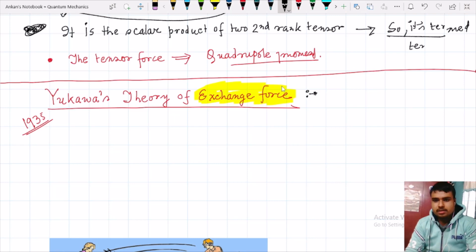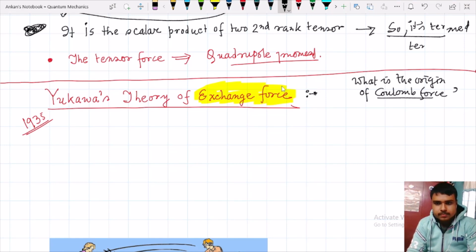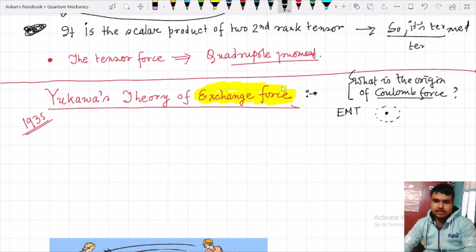Do we know what is the origin of Coulomb force? Is it known to us? If not, then let me explain. According to electromagnetic theory, the charged particles are assumed to be surrounded by some field which consists of photon particles.